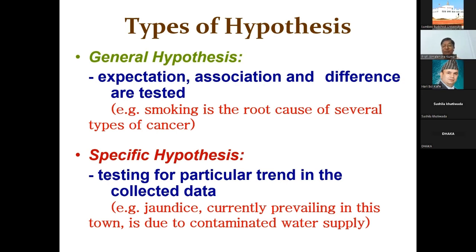For example, jaundice currently prevailing in this town is due to contaminated water supply. This is the specific type.